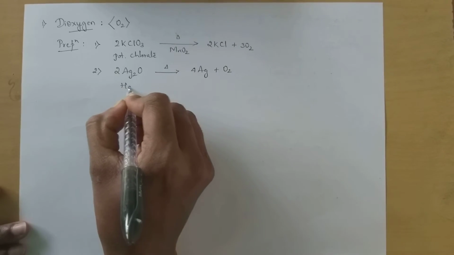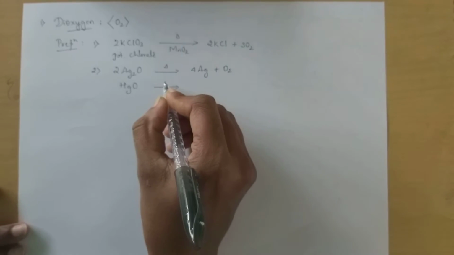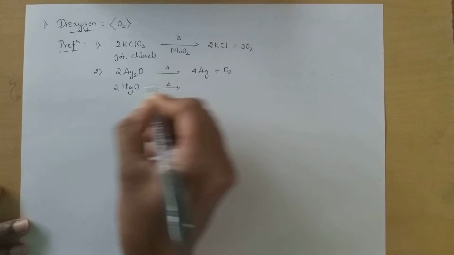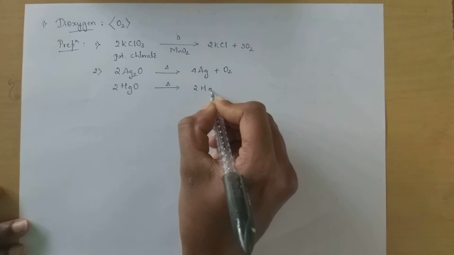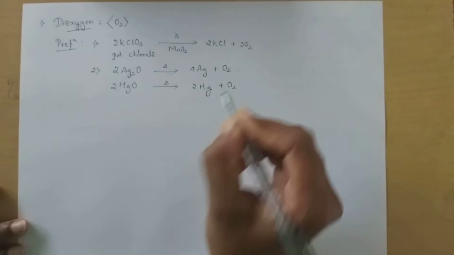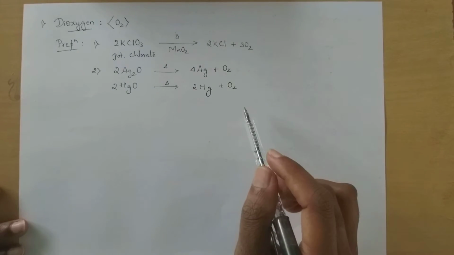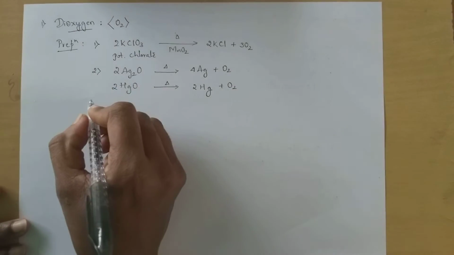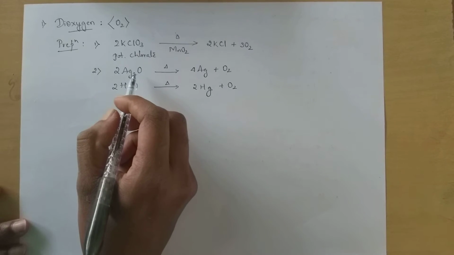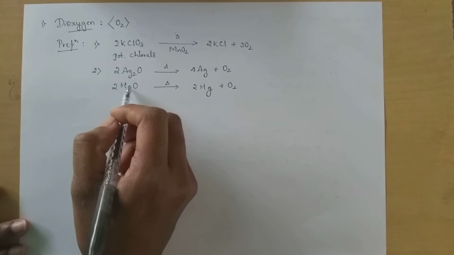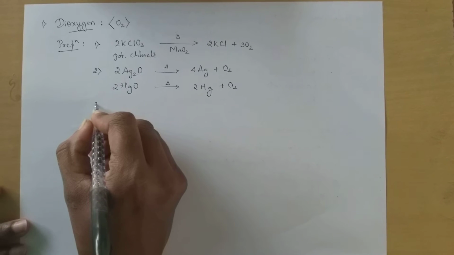On heating we are going to get oxygen as a byproduct. So thermal decomposition of oxides of silver and mercury gives oxygen.